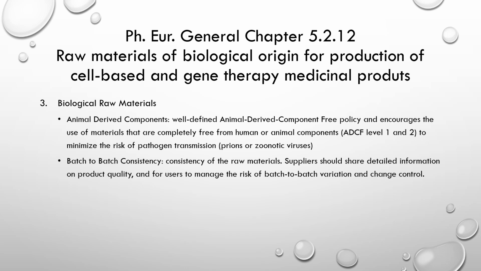Pharmaceutical quality systems mean that you have a change control in place, and that change control may require you to submit an amendment, or it may require you to do a variation, again depending upon the impact of quality on your product. So these biological raw materials are very critical to the quality of your product, and any changes that you make to your raw materials most probably will require you to do an impact assessment.